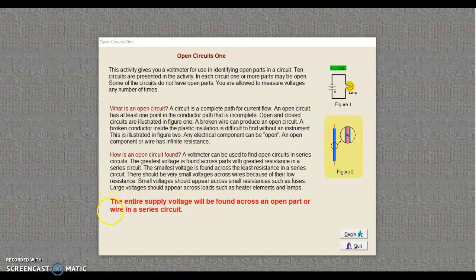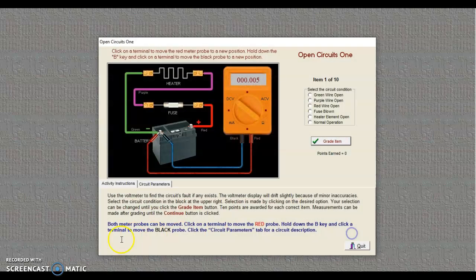And the key fundamental takeaway, as we saw in the past two labs, the entire supply voltage is going to be found across that open part, or open wire, broken wire, whatever it may be in a series circuit. So we can use a voltmeter, we can probe different aspects of the circuit and find that area where all the source voltage is. So let's go ahead and click begin.